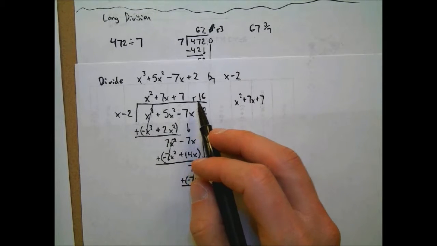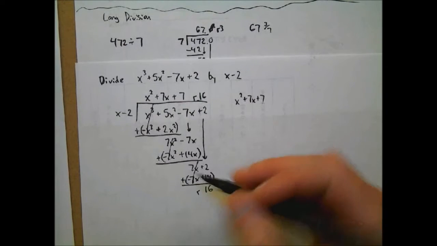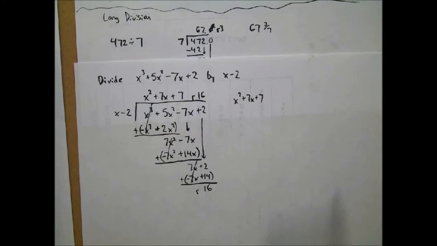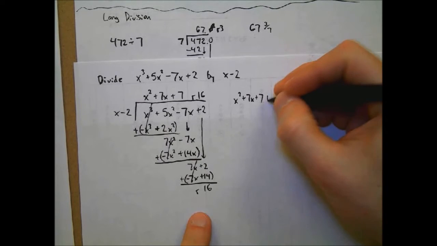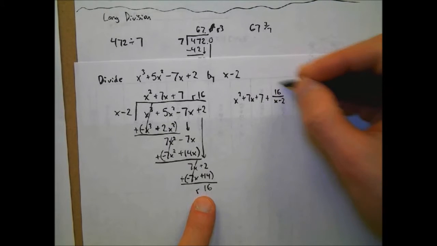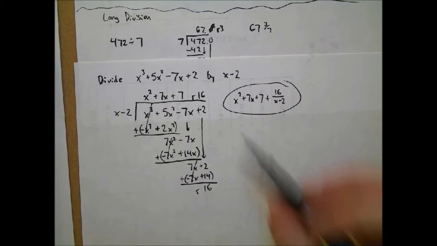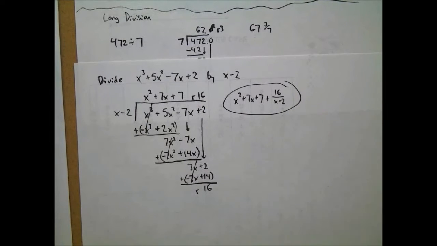But what does this really mean? We still have to divide 16 by the x minus 2. That 16 is left over. It still remains to be divided. So I'm going to add it on here at the end and say we still have to take that 16 and divide by x minus 2. And that is our final answer right there. The 16 remainder still has to be divided by x minus 2.